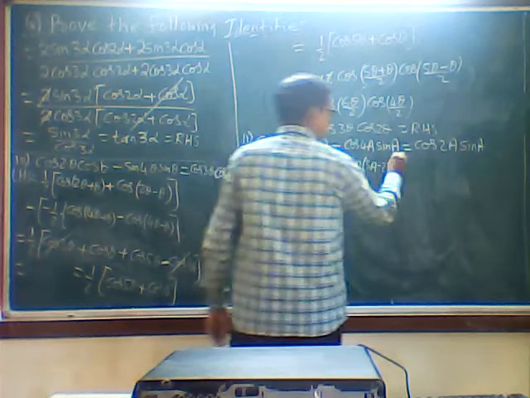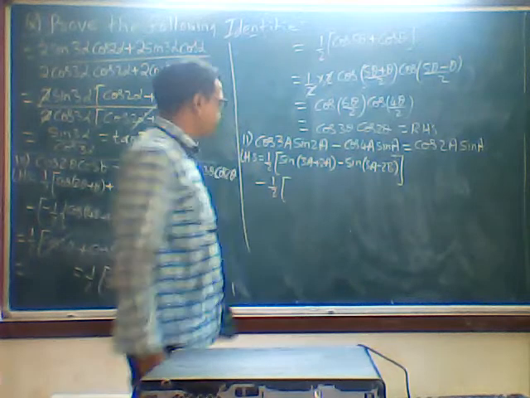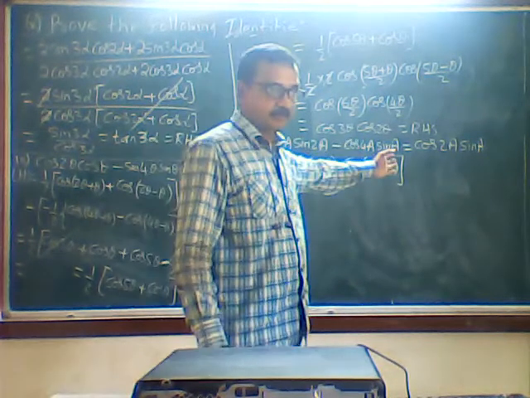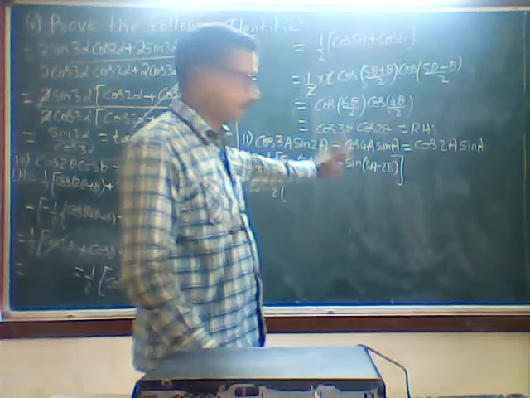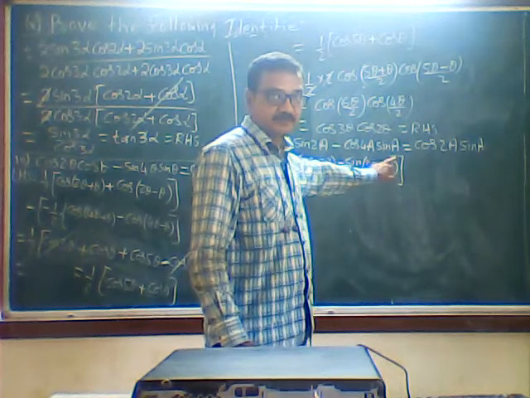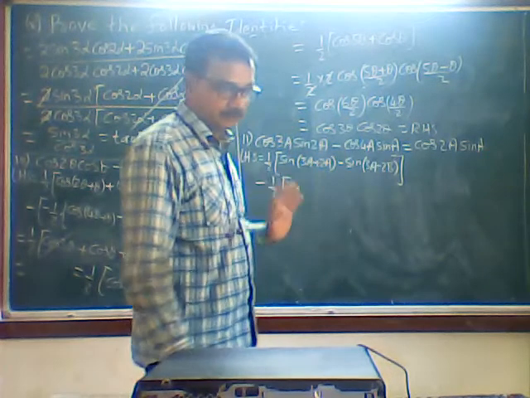Minus again half. Now next is the same cos A sin B formula. I am talking about the formula, don't get confused. Otherwise you will say, sir, on the board it is written cos 4a and sin a, why are you saying cos A and sin B? cos A sin B means I am talking about the formula.